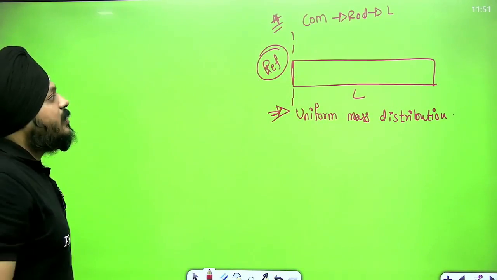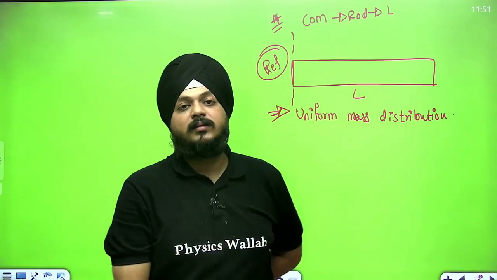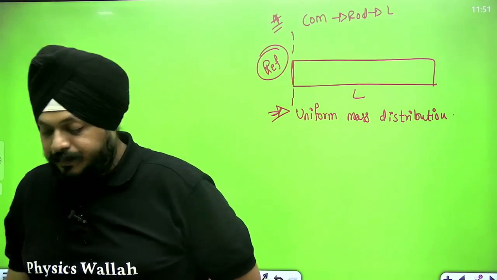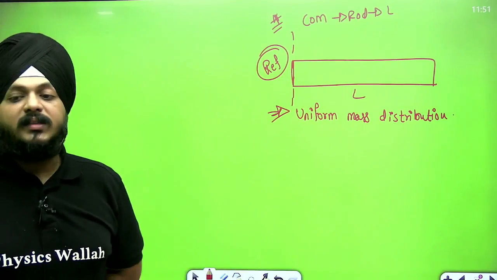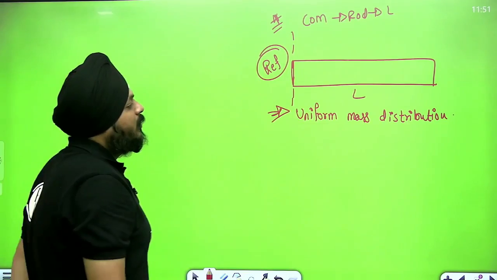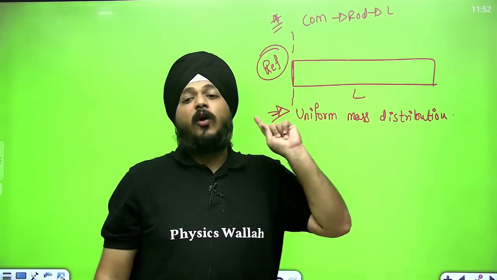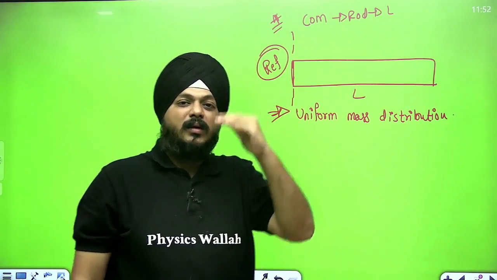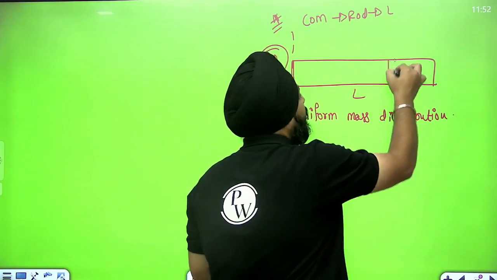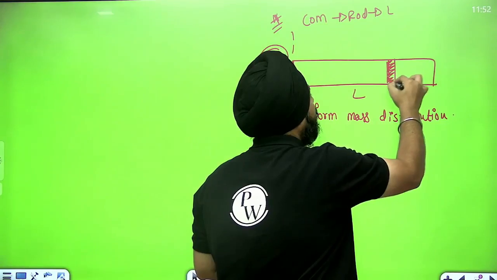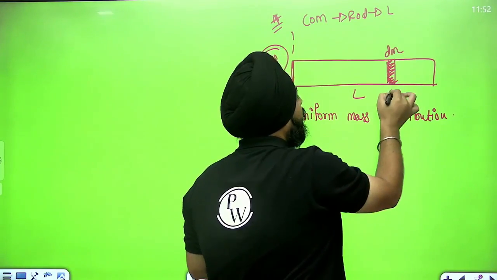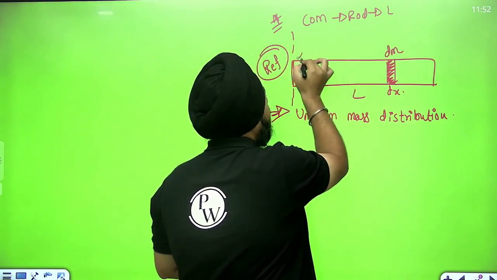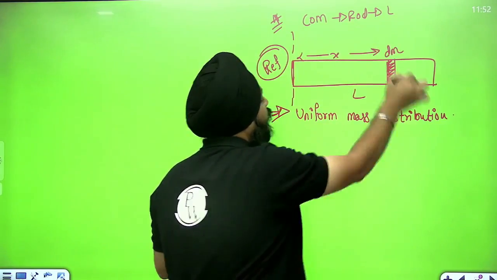Now, for continuous bodies, always a small elemental mass is needed. The small elemental mass is this. It is dm, its width is dx, and it is at distance x with respect to the reference point.